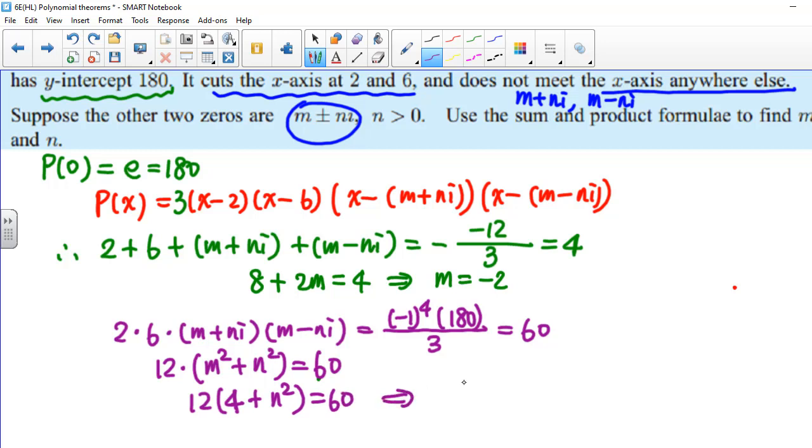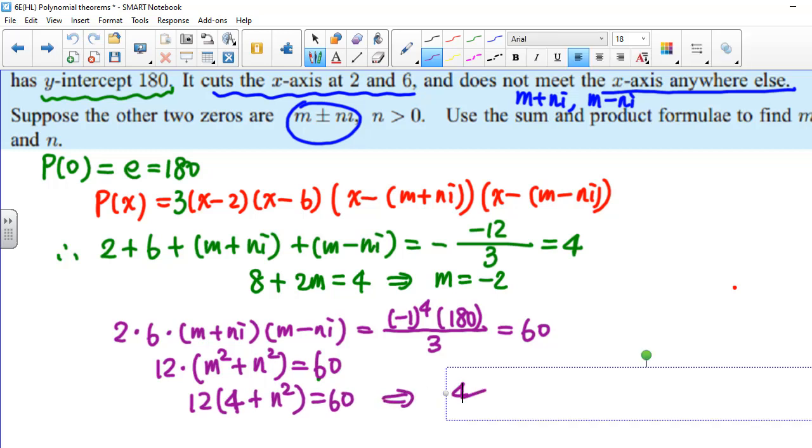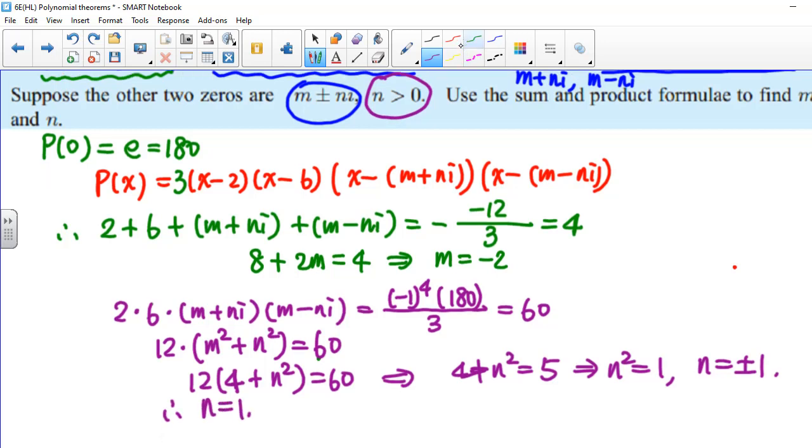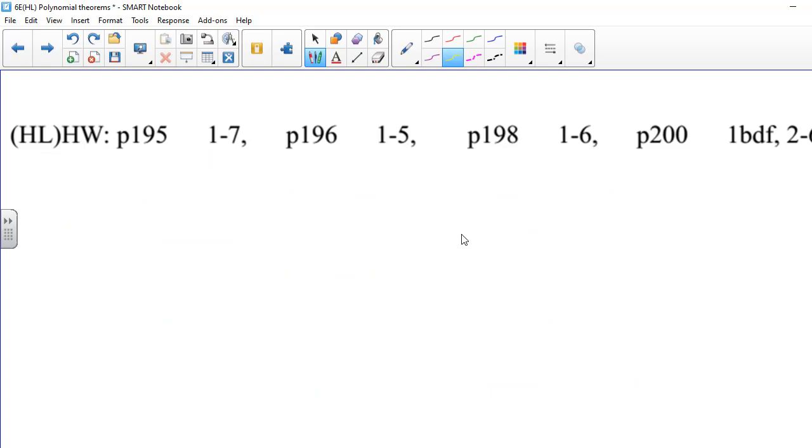Let's solve for n. So 4 plus n squared is 5. And n squared should be 1. N can be positive or negative 1. But based on the restriction given, n has to be greater than 0. So we only can take n equals 1. That's how we can find the m and n values in this question. And this is the end of the lesson.